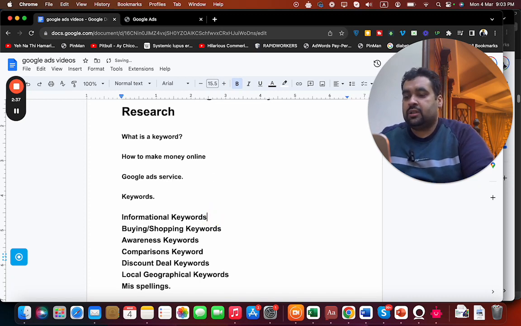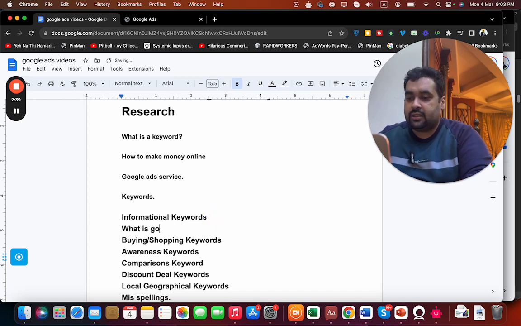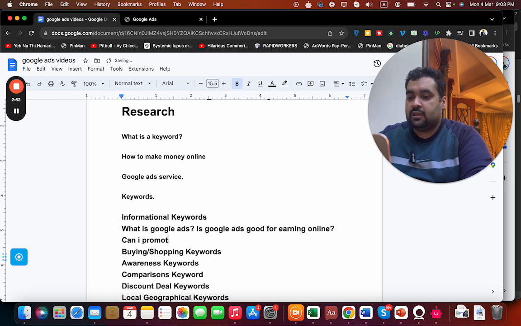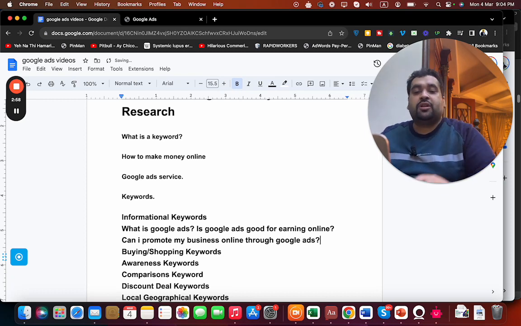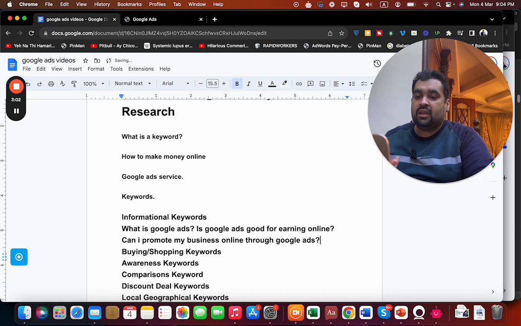In informational keywords, people may be searching: what is Google Ads, is Google Ads good for earning online, or can I promote my business online through Google Ads? These can be informational keywords where people want to know more.